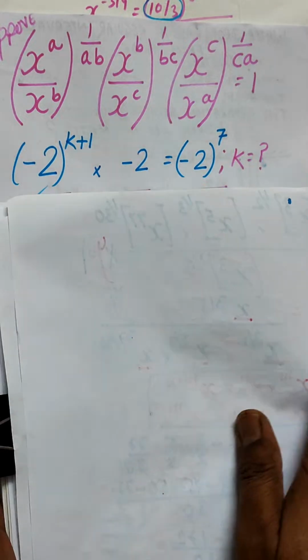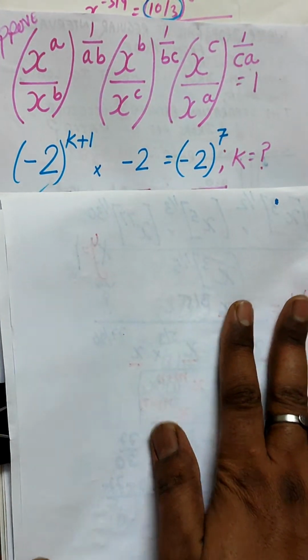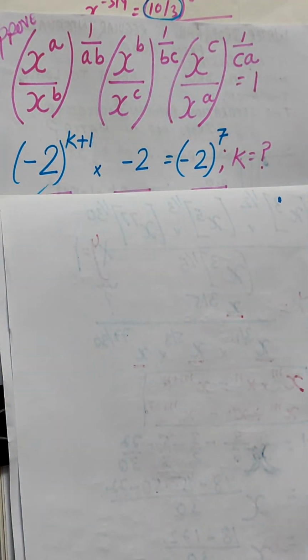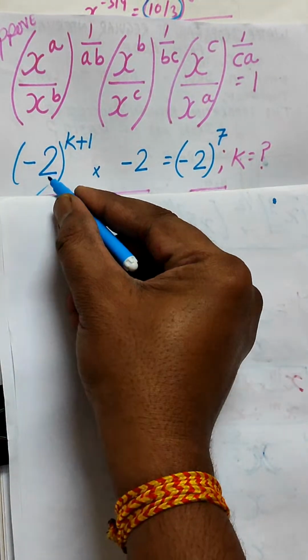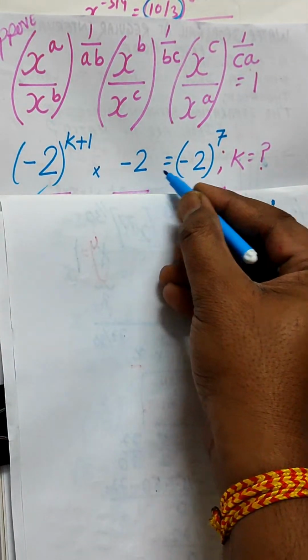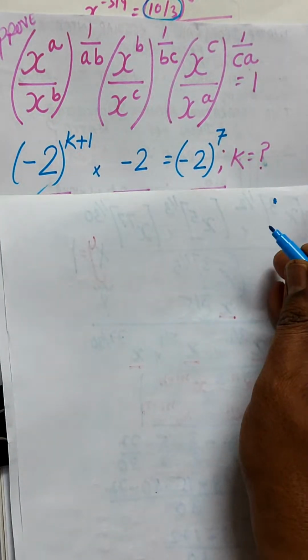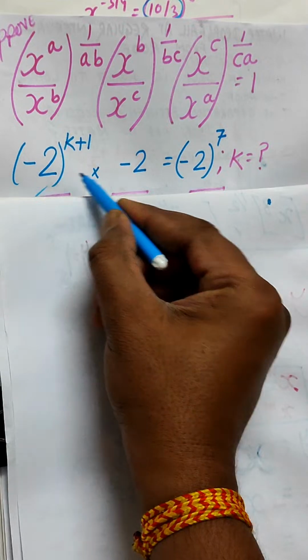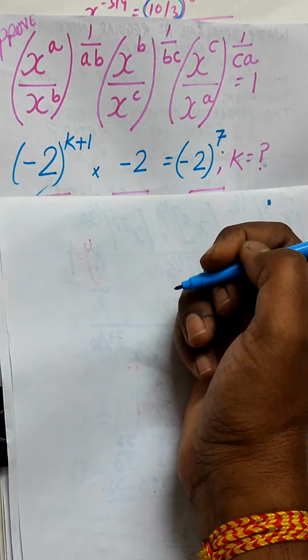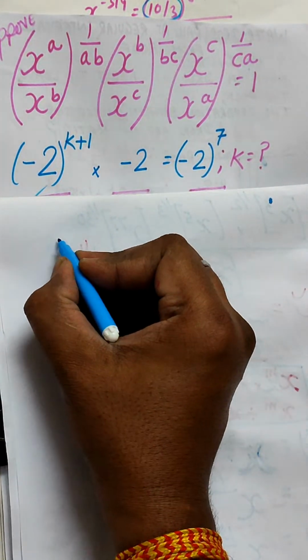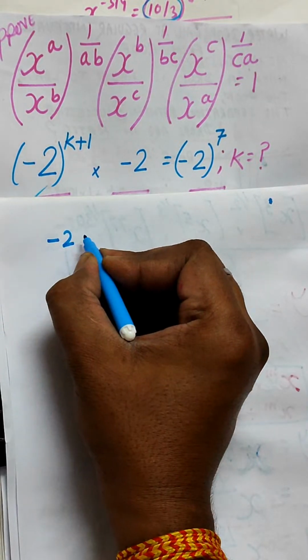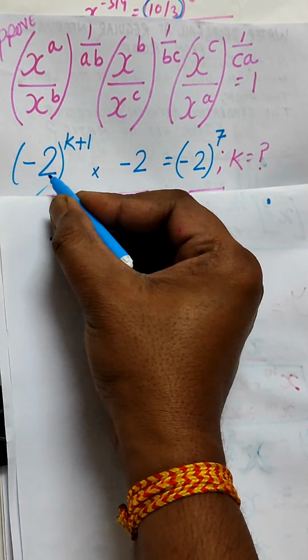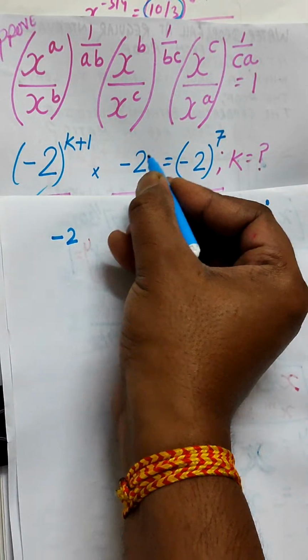So we are solving the last two questions now, which are question number 1 and question number 2. The question was this: minus 2 power k plus 1 into minus 2 equal to minus 2 power 7. We need to find the value of k, right? Here you can see all the bases are the same, minus 2, minus 2, minus 2. So we can write the LHS as minus 2, and when the bases are the same, powers will be added.